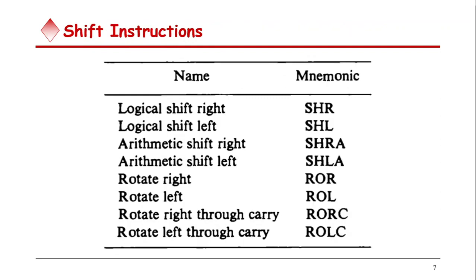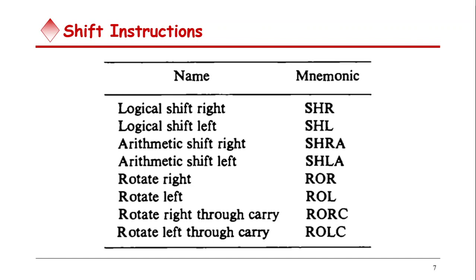Next, shift instructions. Instructions to shift the content of an operand are quite useful, and these are the different shift operations: logical shift right, arithmetic shift right, logical shift left, arithmetic shift left, rotate right, rotate left, rotate right through carry, rotate left through carry. These are all the different shift instructions.